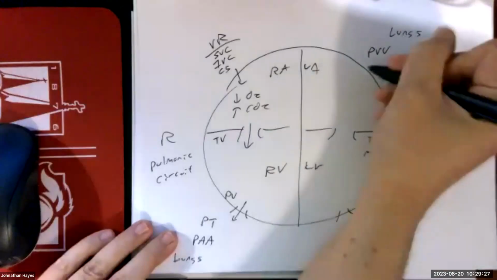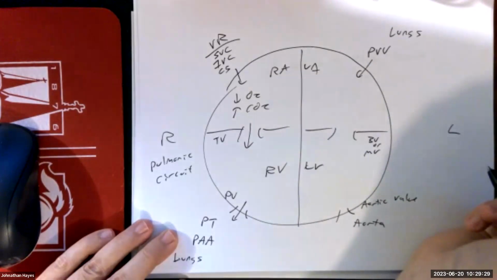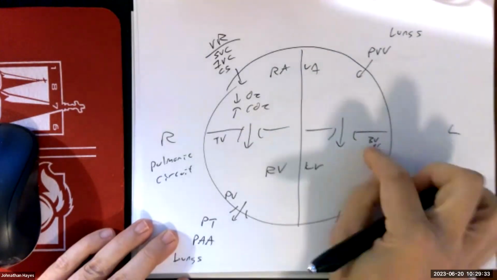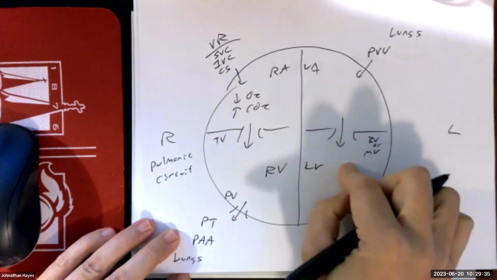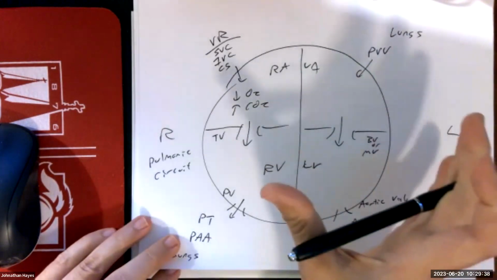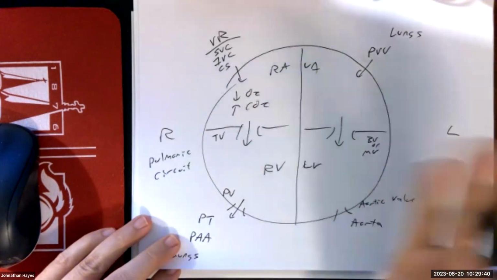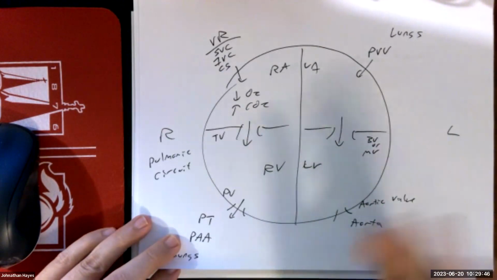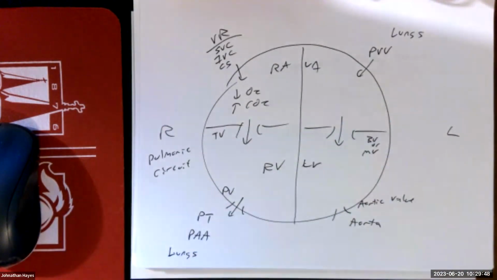So as we're going back toward the heart through pulmonary veins, that's going to enter into the left atrium. We're then going to pass through the bicuspid or the mitral valve to get to the left ventricle. Left ventricle is the biggest, strongest part of the heart. That's what's going to overcome what's called peripheral resistance, so we can push that blood into the aorta, right? And the aorta is going to deliver that blood to all parts of the body.